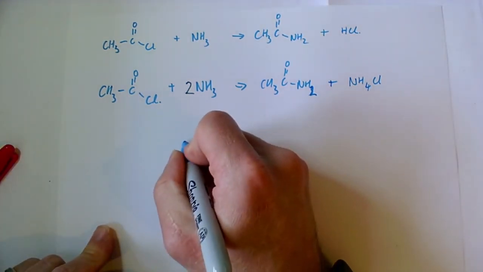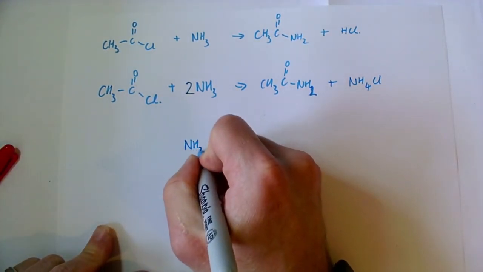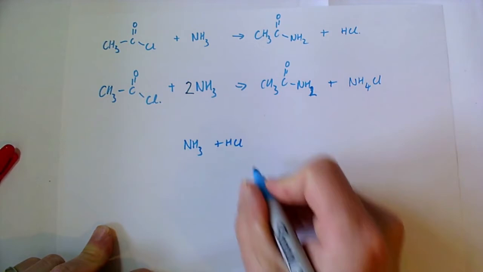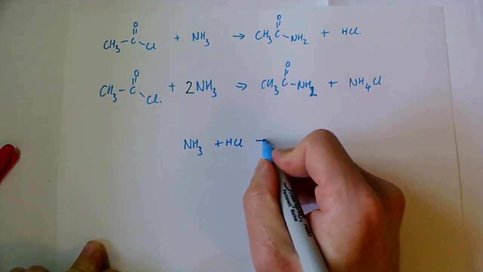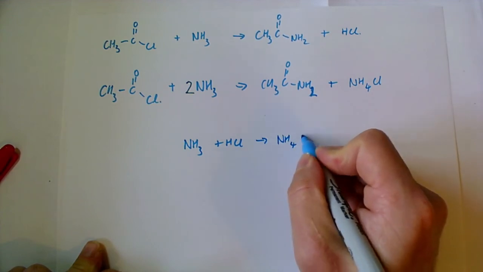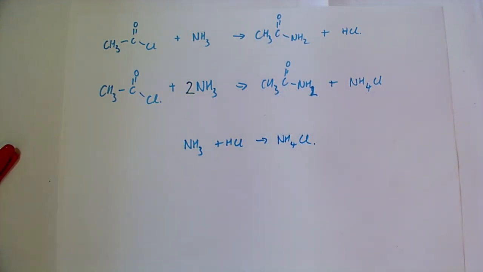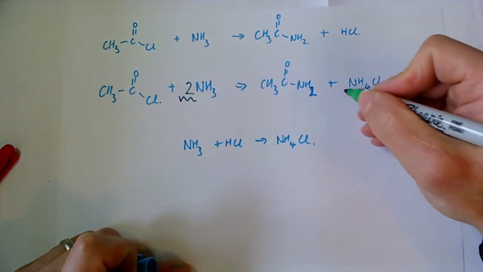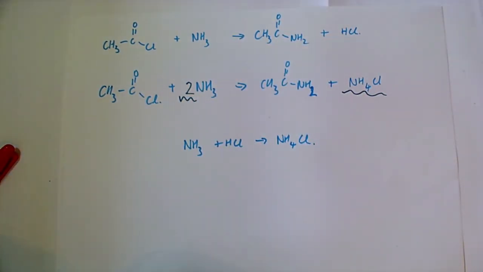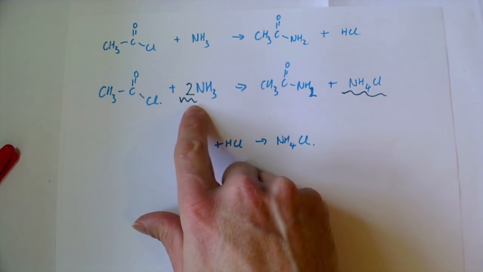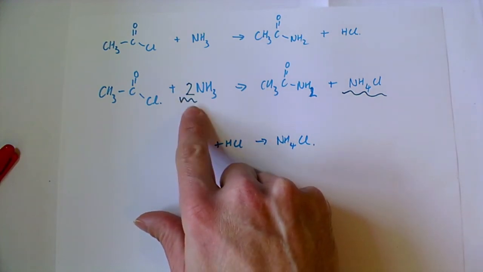This ammonium chloride comes from a neutralization reaction between NH3 and HCl. It forms the ionic compound ammonium chloride. So just watch out for these and look at what we're going to be making. Like I say, it becomes important when we look at the mechanisms, and I discuss that in the next video. So certainly if it ever mentions excess of ammonia and I want you to write an equation, you need to make sure that you're doing it this way.